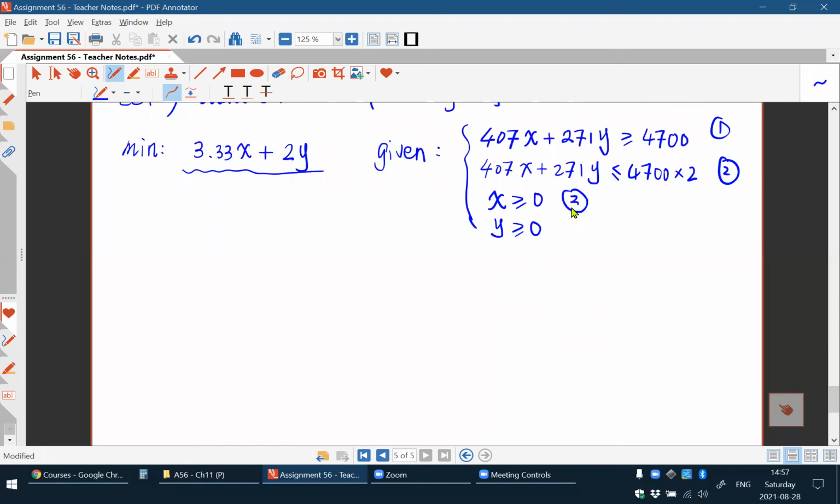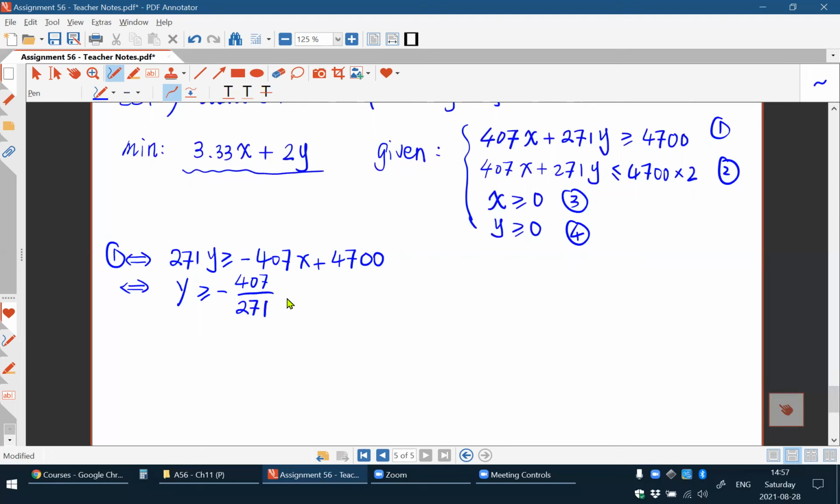So let's label them 1, 2, 3, 4. Start from the first constraint, which is equivalent to 271y greater than or equal to minus 407x plus 4700, which is further equivalent to y greater than or equal to minus 407 over 271x plus 4700 over 271, right?